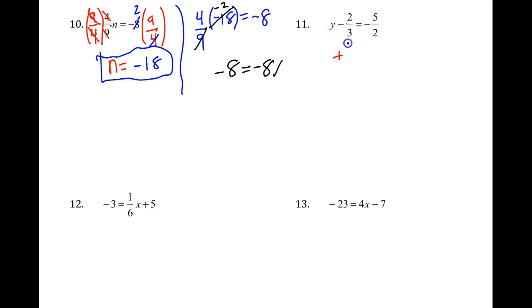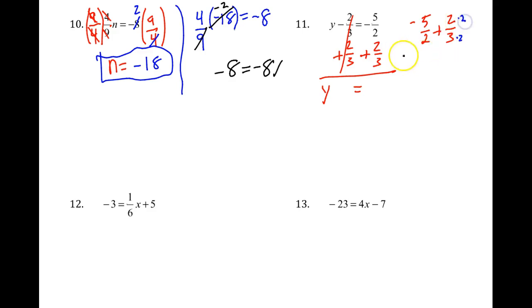Let's go ahead and add 2/3 to both sides to solve this one-step equation. We have y equals, oh, we don't have common denominators, do we? So we have to maybe do a little side work or use a calculator here. We need these to be both common denominator of 6. That's the smallest number 2 and 3 go into.